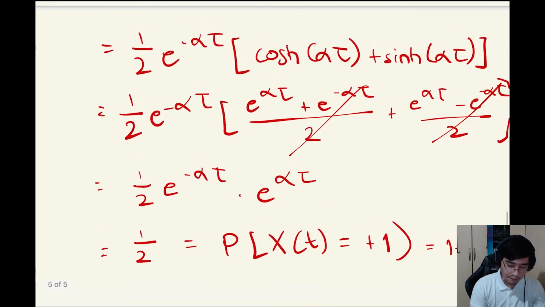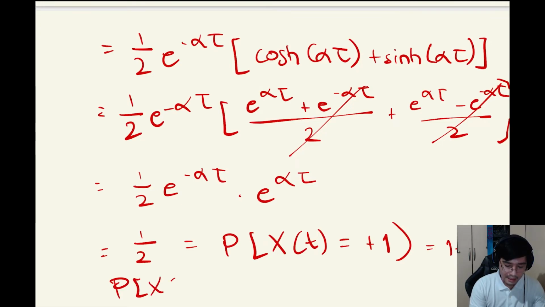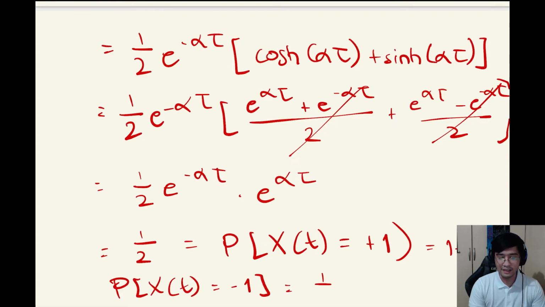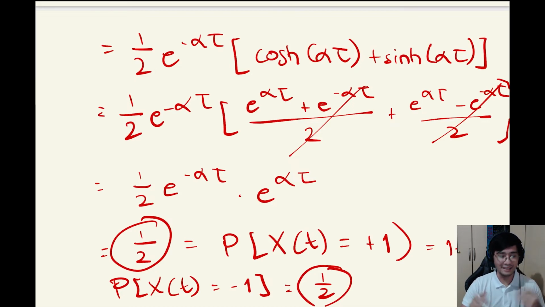Therefore, the probability that x of t is equal to minus 1 is also equal to 1/2. So they actually have equal probabilities. We just proved that they must have an equal probability of happening. And we've gone through some rigorous math just to arrive at this kind of answer.